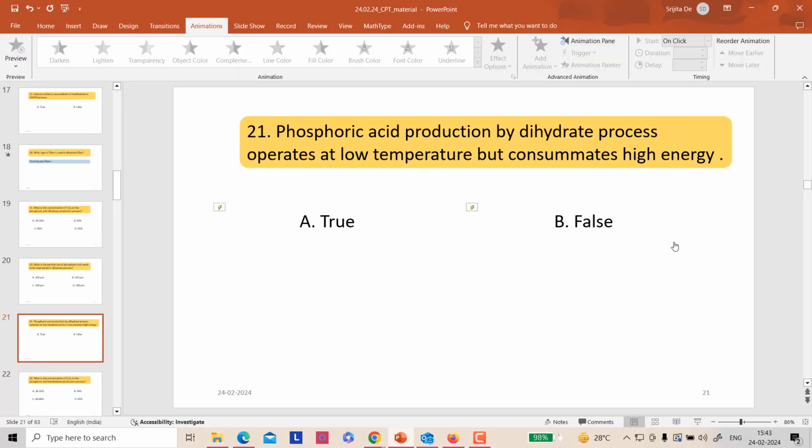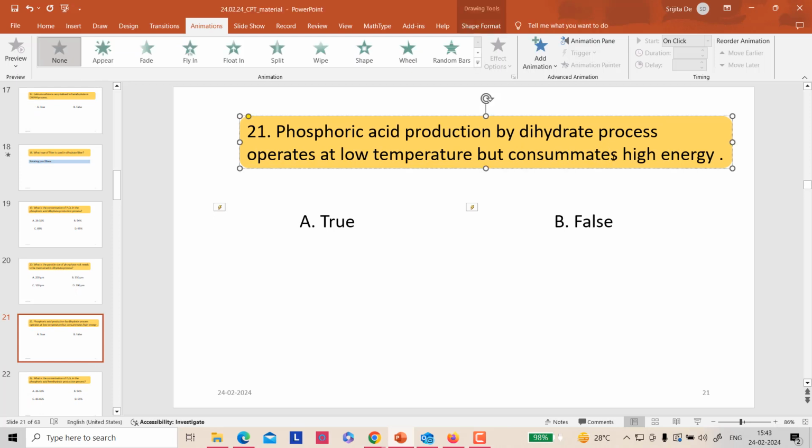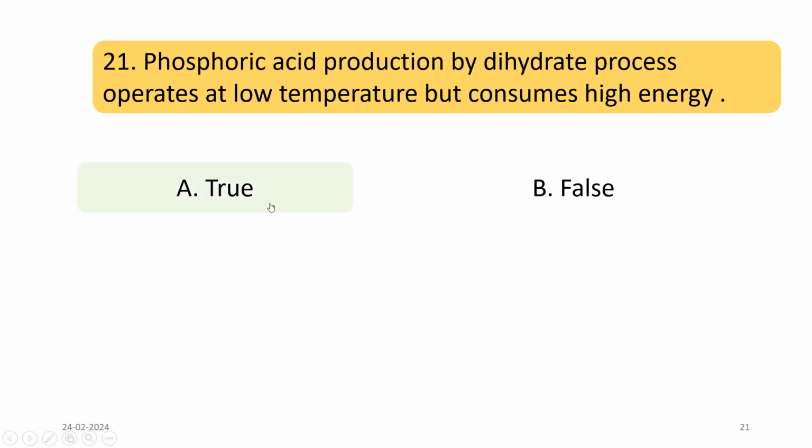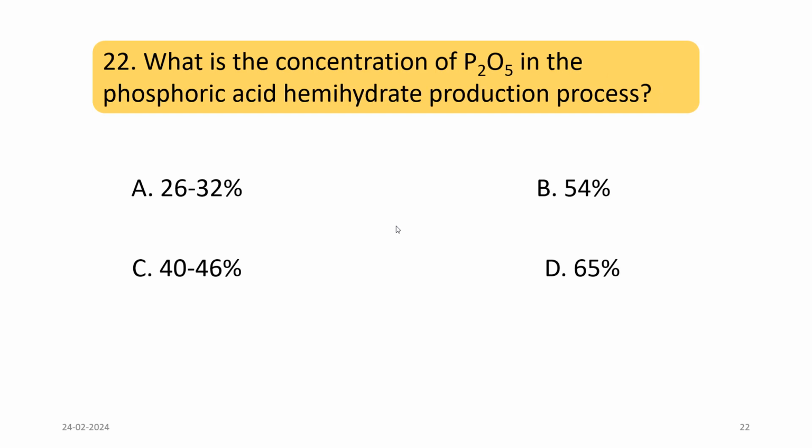Is it true or false? True. Yes, it is true. Dihydrate production operates at low temperature but consumes high energy. This is another disadvantage of the dihydrate process.